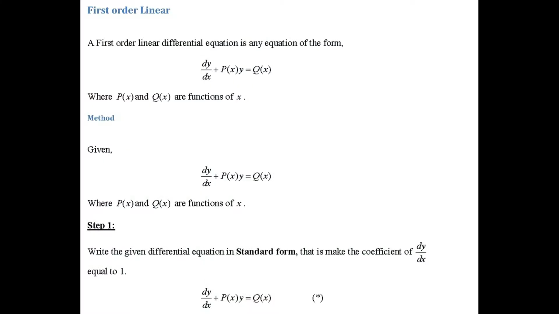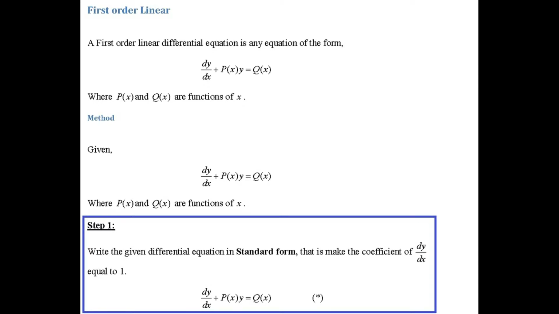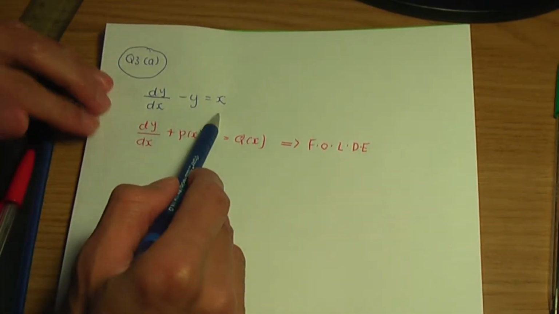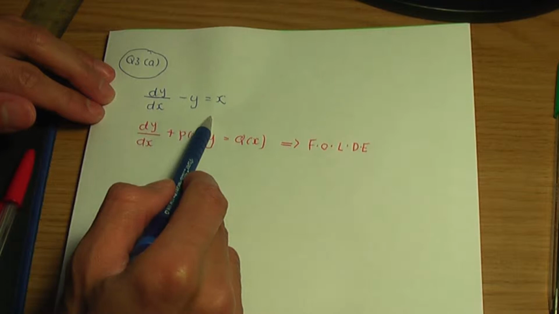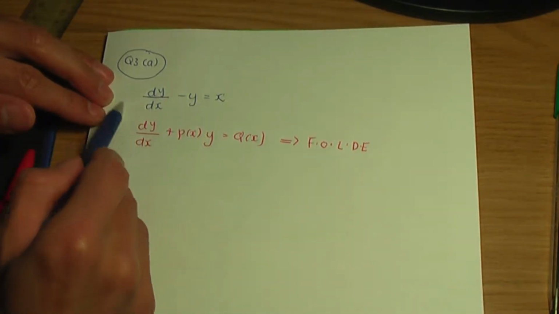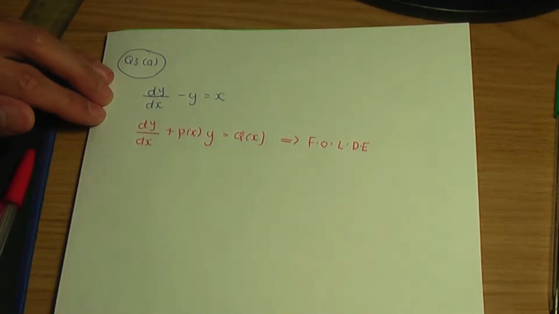So for step number 1, we need to write our given equation in standard form. That is, we need to make the coefficient of dy over dx equal to 1. Now back to the paper and pen. Looking at this equation in question, this equation is already in standard form, and the reason is because the coefficient of dy over dx is already 1.